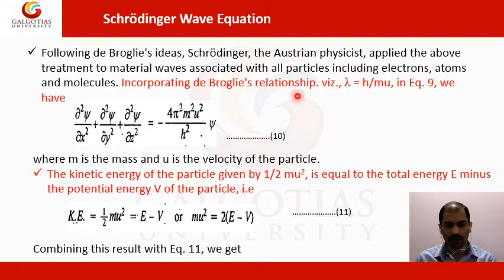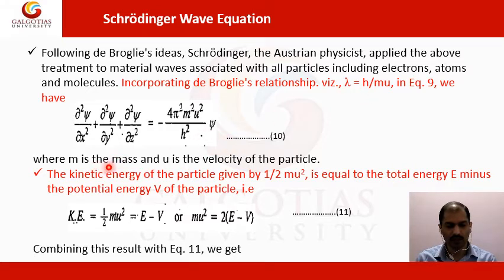Incorporating the de Broglie relation, lambda equal to h upon mu, where h is Planck's constant, we have del square psi upon del x square plus del square psi upon del y square plus del square psi upon del z square equal to minus 4 pi square m square u square upon h square. Here we put the value of lambda in equation 9 and get this form of equation.